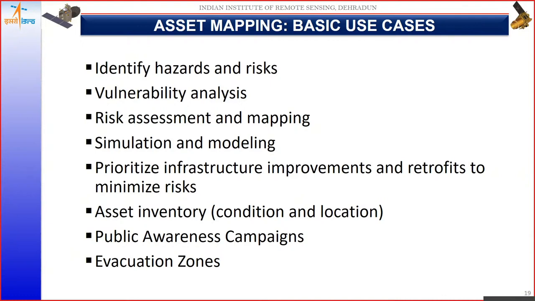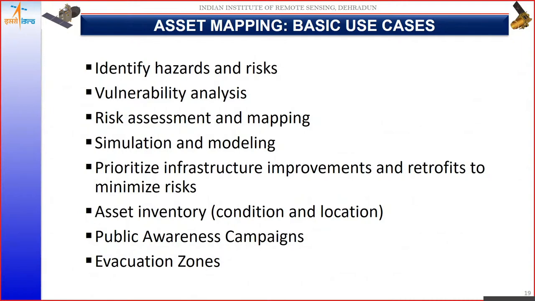You can do the modeling, and such modeling leads to several use cases and studies. So you can find out where the hazard prone areas are located, what is the risk that may be likely to be inflicted, and where the vulnerable population is located. Okay, and then subsequently it will lead to risk assessment and mapping based on simulation and modeling.